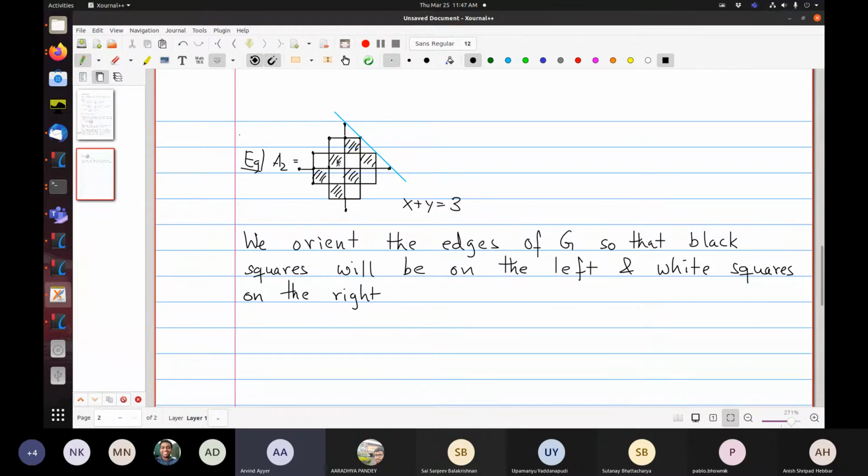So the direction of the arrow is such that if you are facing the arrow direction, you always see a black square on the left and a white square on the right.